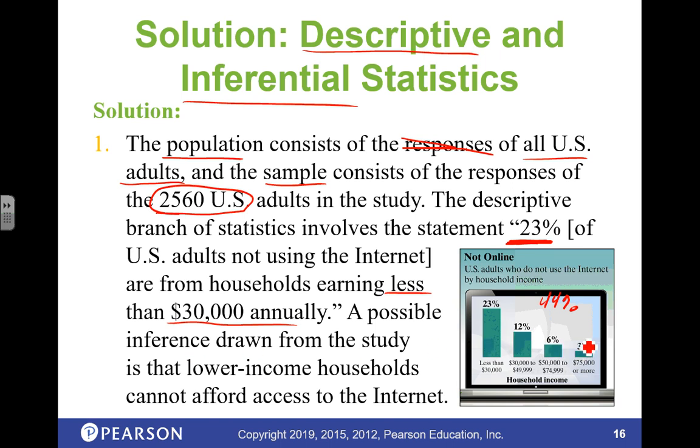But for our question, we've used numbers to describe what our sample says. 23% come from this category. Notice the data does not specifically say why those people do not use the internet, but we can kind of infer what we think or a possible reason for that. It could be that they can't afford access to the internet. That might not be the reason that they're not using it, but that is a possible problem.